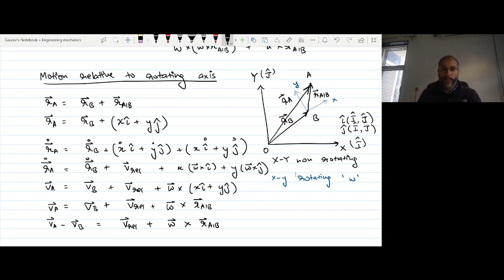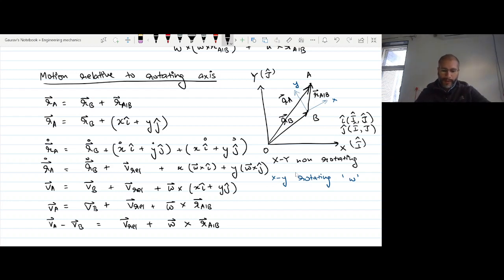So VA minus VB is simply the relative velocity of A with respect to B in the capital XY frame, and VREL is the velocity of A with respect to B in the rotating small xy frame, and omega cross RAB is there because of the rotation of the axis small xy.